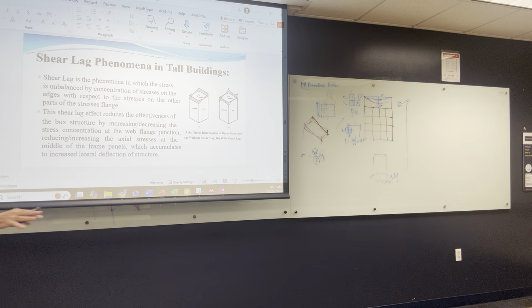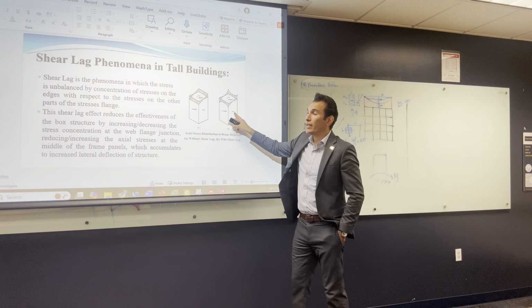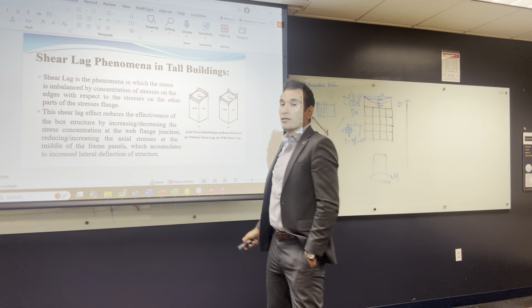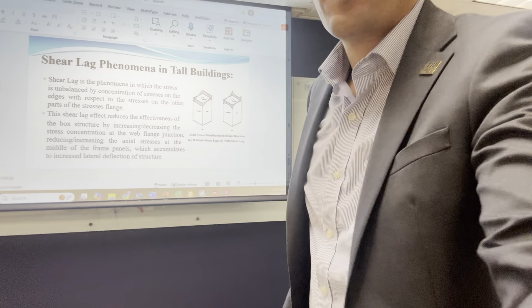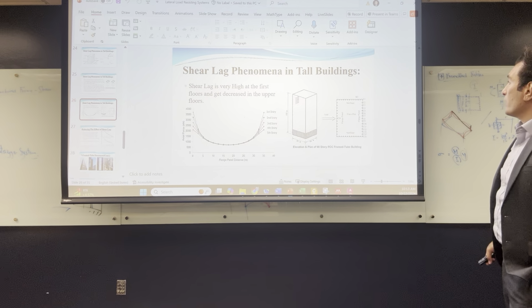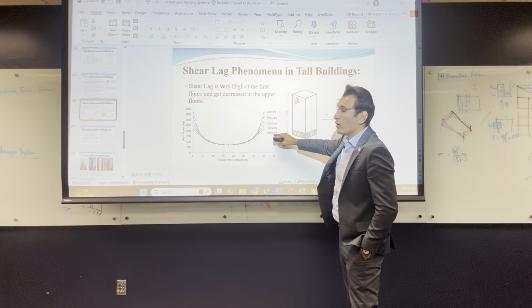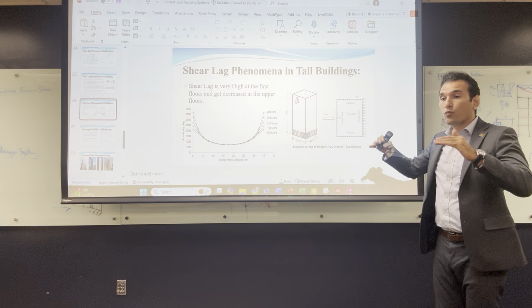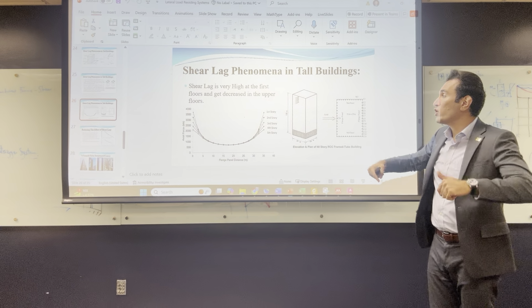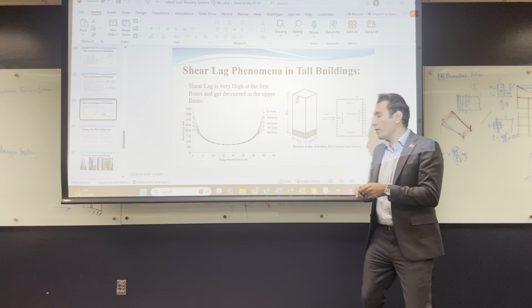So I was showing you what the perfect system looks like and what the lagged system is going to look like. And this actually shows you how the shear lag is different from one story to another. Why? Because when we go up, most of the force is big down here, and once you go up, the force is less.